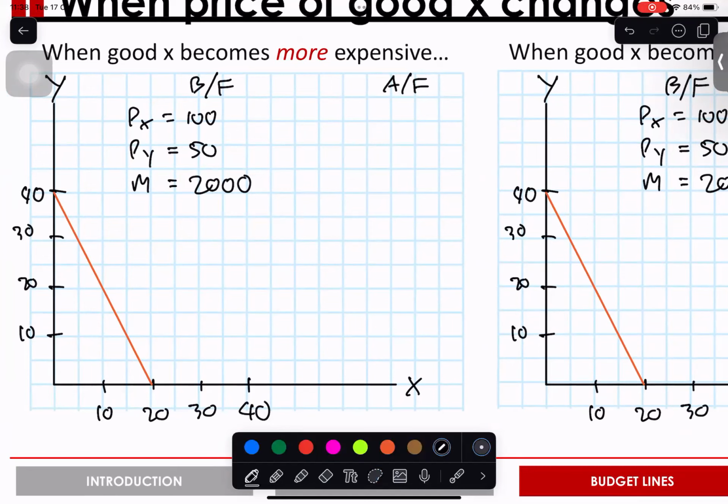Oh, I forgot to put the name for this. This is the line AC, yeah? Which we can also call BL1, budget line 1.